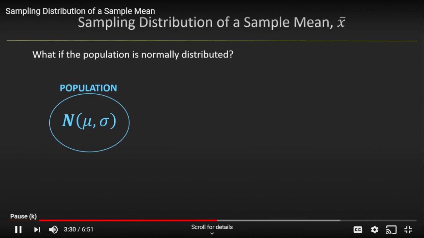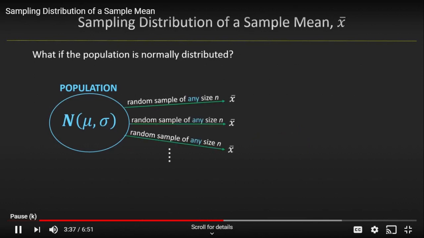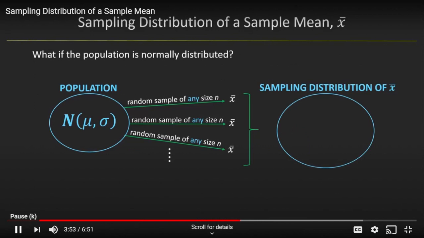We have a normally distributed population with mean mu and standard deviation sigma. We take every possible sample of size n. This sample size can be any number at all, but every time we sample, we stick with the same sample size as before. Then we calculate the sample mean for each of these samples. When we put all of these sample means together, we get the sampling distribution of x bar.